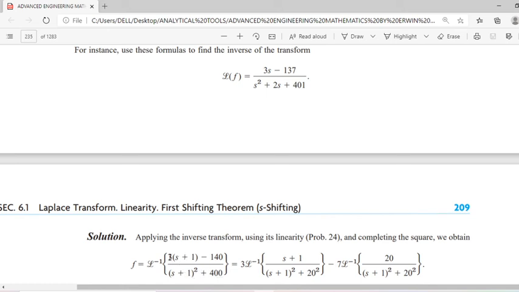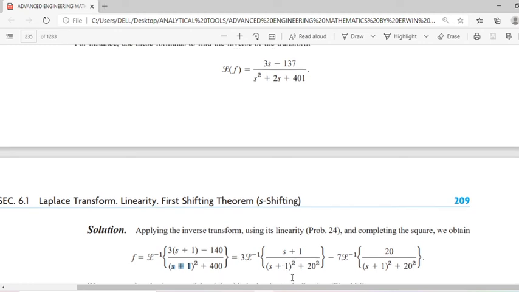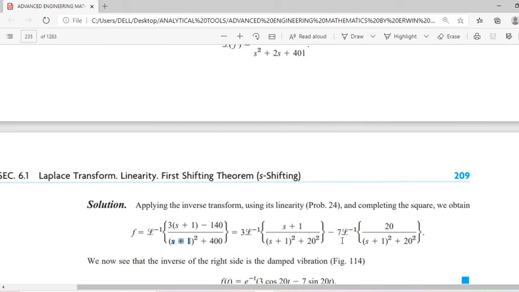So we can modify the numerator based on this expression. So we can have 3 into (s plus 1) minus 140. We can apply the linearity property, so 3 can be taken outside: L inverse of (s plus 1) by (s plus 1) square plus 20 square, minus 7 into L inverse of 20 by (s plus 1) square plus 20 square, right?